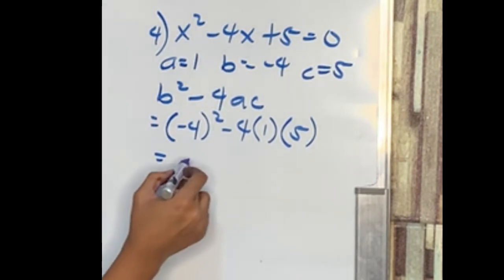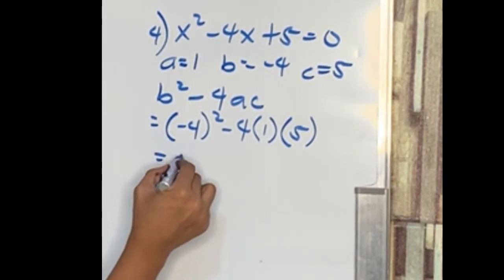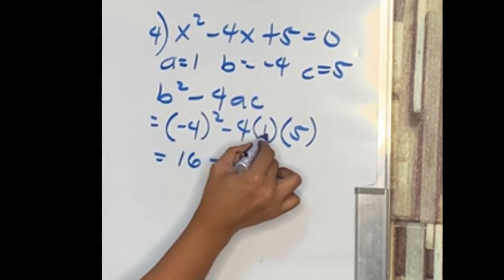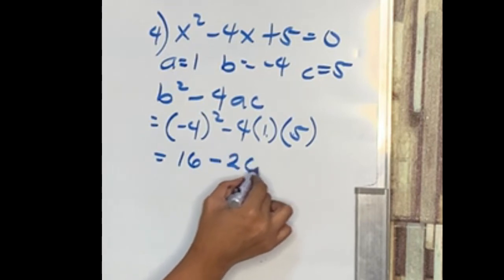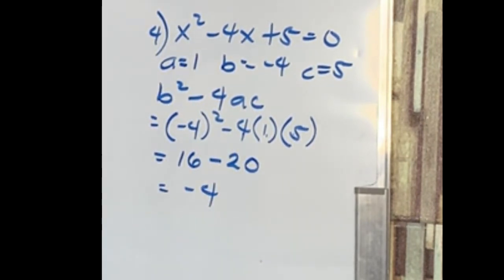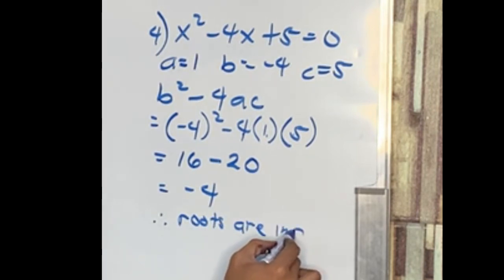Negative 4 squared is 16 minus 4 times 1 times 5 is 20. So the answer will be negative 4. Since the value of the discriminant is negative, therefore the roots are imaginary.